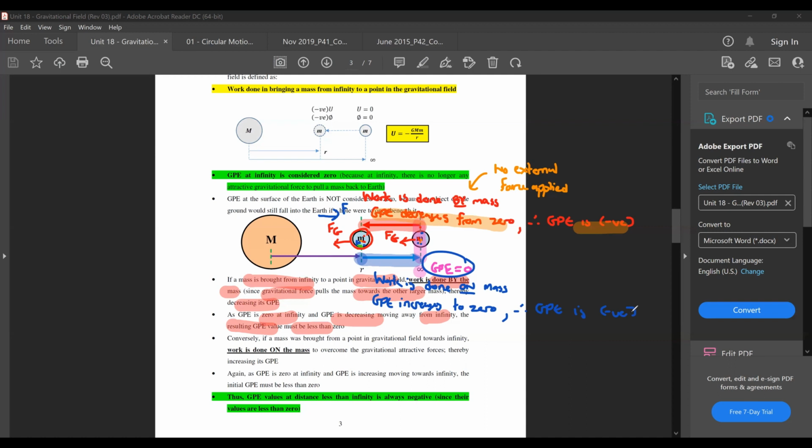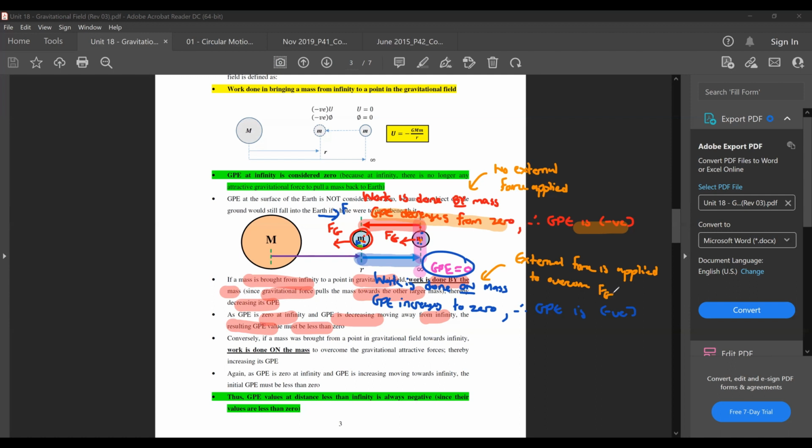Okay, right? You can explain it in two different directions. Either you bring the mass from infinity to that point, or you bring the mass from that point to infinity. You will still get the same conclusion that GPE value is going to be negative. So when work is done on the mass, we say that an external force is applied to overcome the gravitational force.